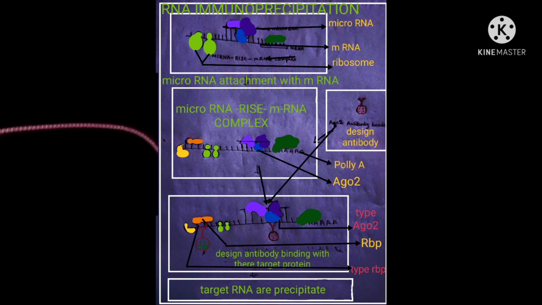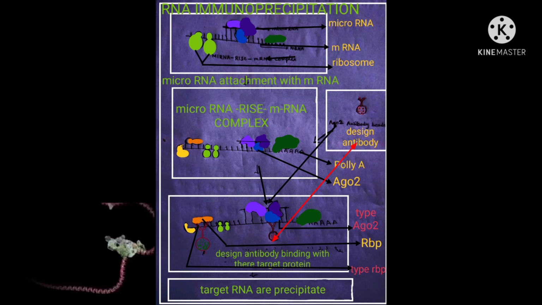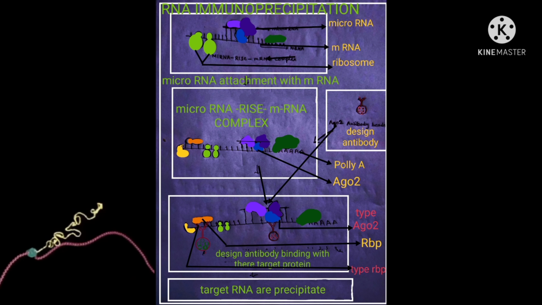When microRNA attaches, the microRNA has some protein like AGO2 which also binds with mRNA and forms a microRNA-RISC-mRNA complex. After forming the microRNA-RISC-mRNA complex, we design an antibody which binds with AGO2, and some beads are prepared which also bind with this AGO2-binding antibody.